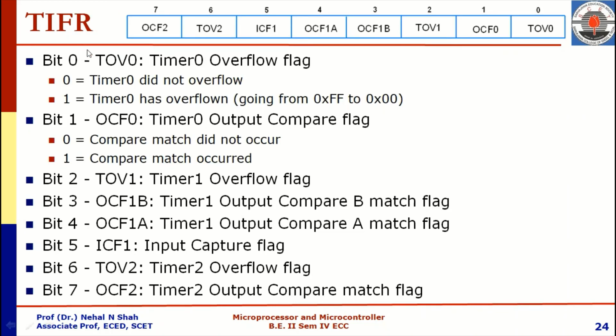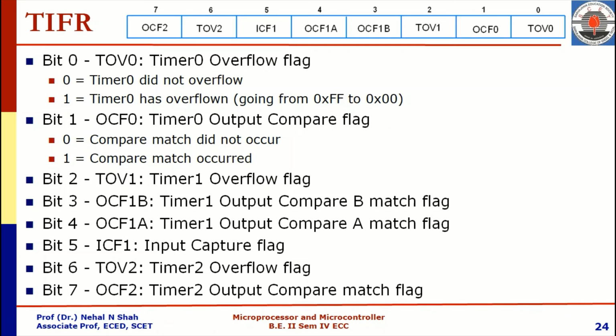In the TIFR register also, the timer overflow flag is the indication of timer overflow. Whenever this bit is 0, that means the timer has not overflowed. But the moment this bit is set in the TIFR register, timer 0 has overflowed. Whenever the timer goes from FF hex to 00 hex, the timer overflow flag will be set.